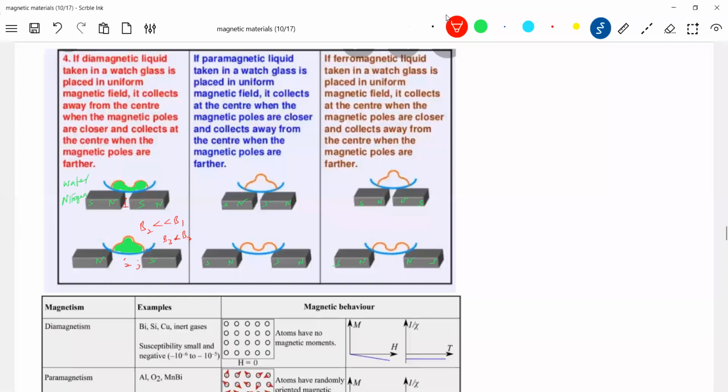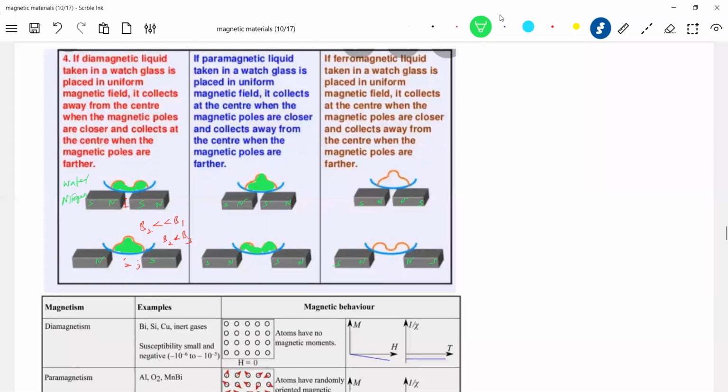B2 is less than B1, so more liquid will acquire at this particular point. Let's not bother to explain exactly how it moves, because again we have to go to the molecular level. We have to explain just information based.